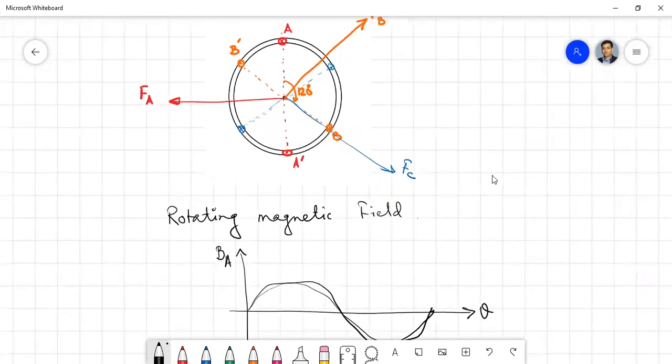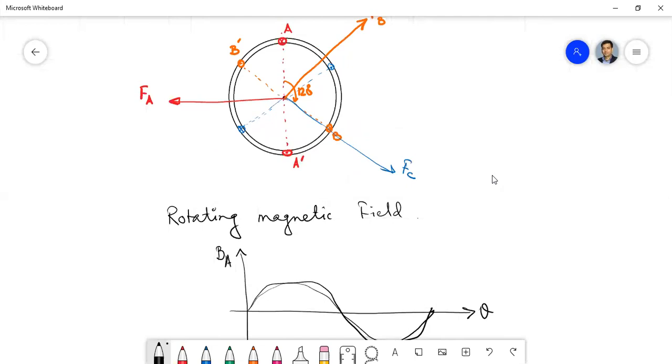In the DC machine, the distribution is due to a constant current flowing through it, that is the DC current. Here, through the A prime coil or B prime coil or C prime coil, the current flowing is not constant. It's not DC at all. It is alternating in nature.